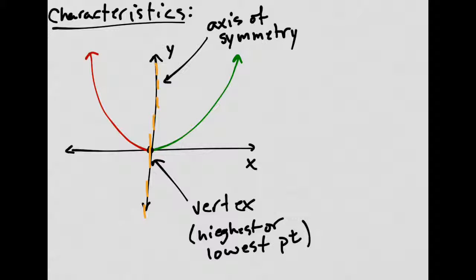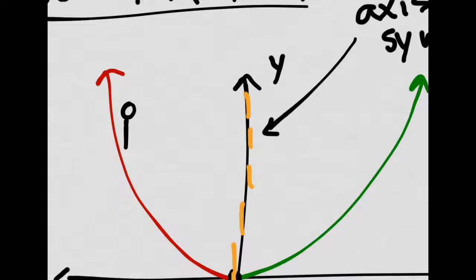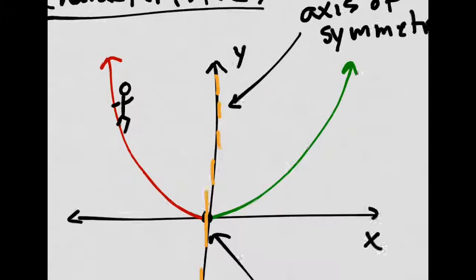So we have that. And on the red part, even though I have this arrow pointing upwards, if I move from left to right, say there's a little dude on my function, just hanging out. He's walking down.